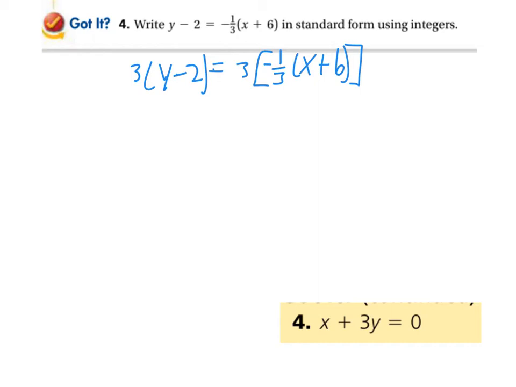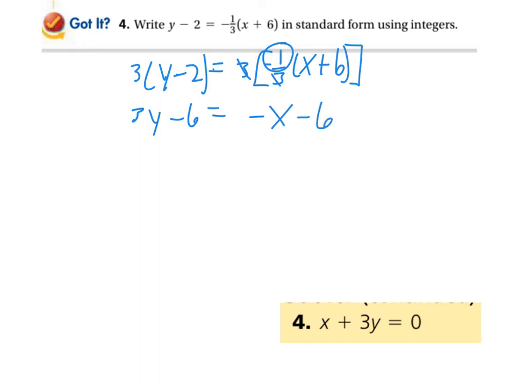You might have to play around, move them around a bunch first. But all right, so let's go and distribute that 3. So I've got 3y minus 6 equals, now notice here we're going to cross cancel, right? So you don't actually even have to distribute. I'm going to end up with just a negative 1 outside of here. And we could have used a negative 3 if you wanted to, right? Could have taken care of that in one shot. So that wipes that out. I'm going to distribute this negative 1 at the same time. So I'm going to get the opposite of x plus 6.